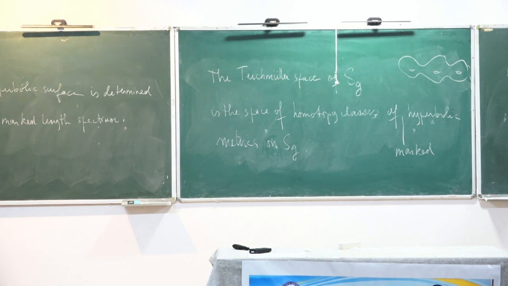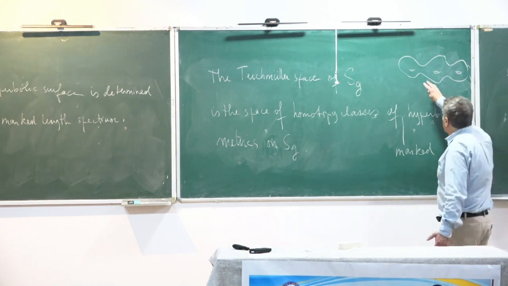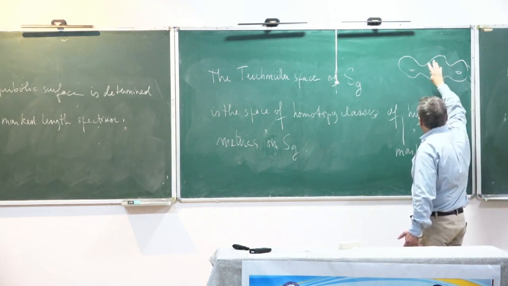Because again, if I don't put the marking, I will tell you, okay, it's homotopy classes of hyperbolic structures, but how will you distinguish this metric from an isometric metric?